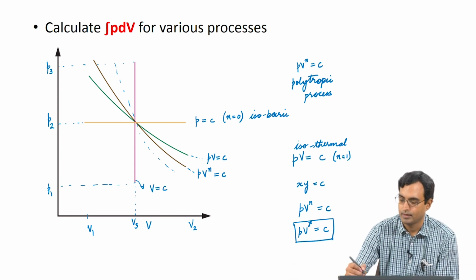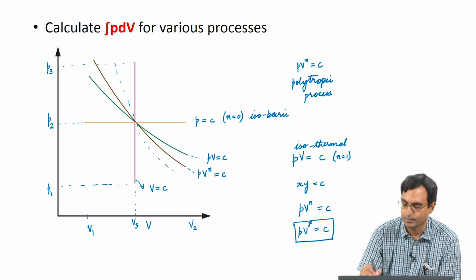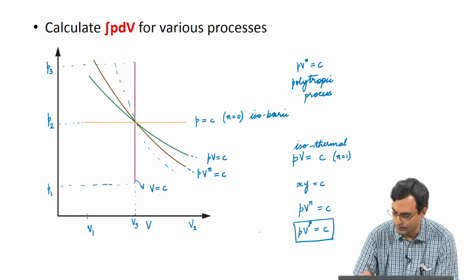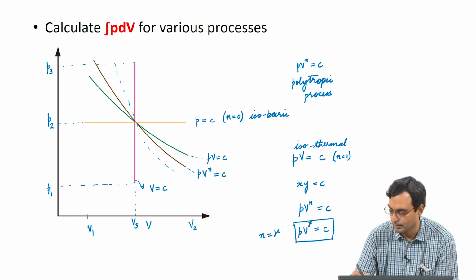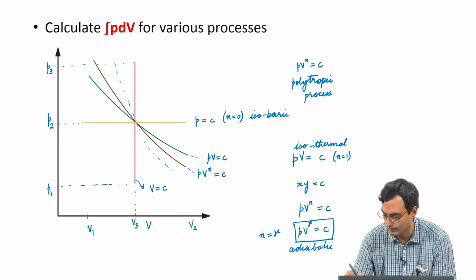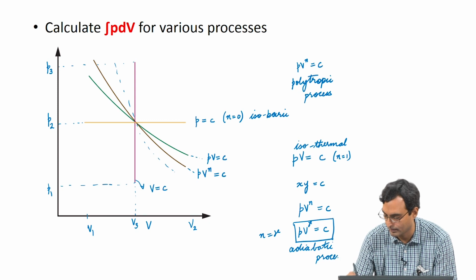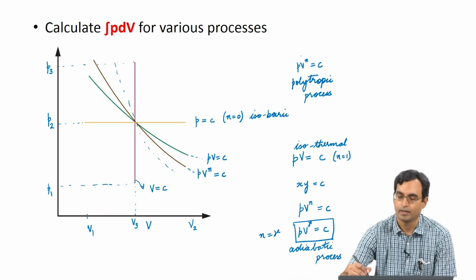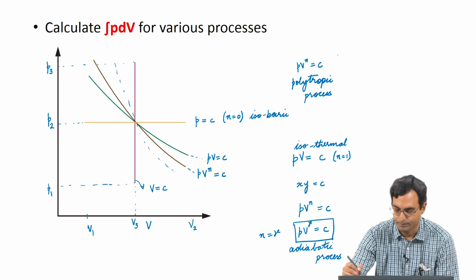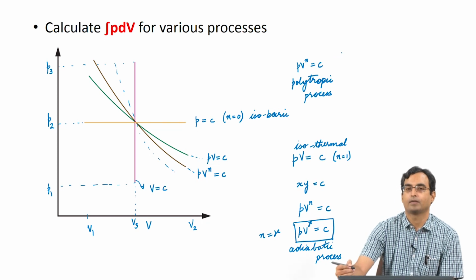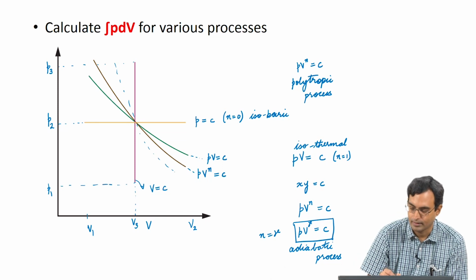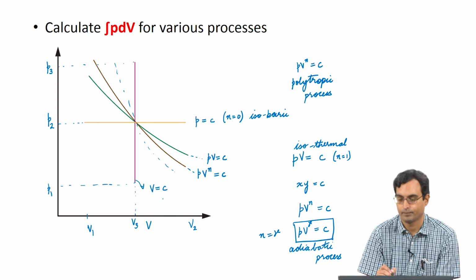So, from this we have got, by putting n equal to 0 we got the isobaric process, by putting n equal to 1 we got the isothermal process, by putting n equal to gamma we get the adiabatic process, and what I can also do is write p equal to c by v to the power n, and by putting n is equal to plus or minus infinity, what I see is I get the volume equal to constant process.